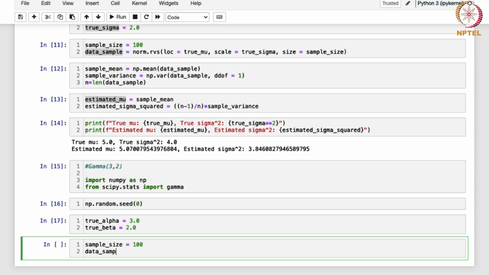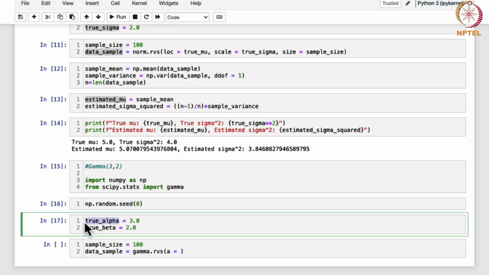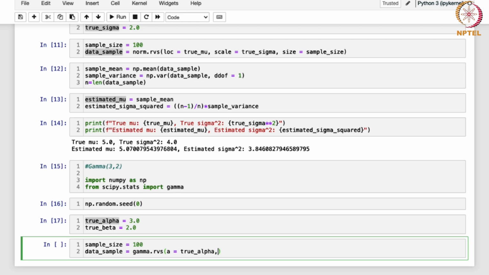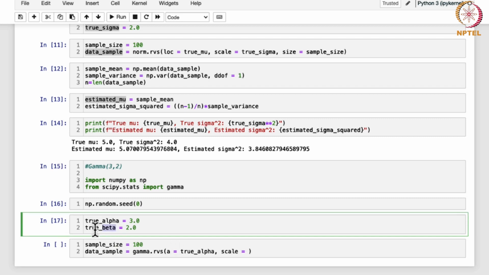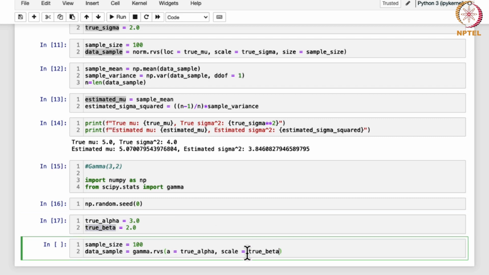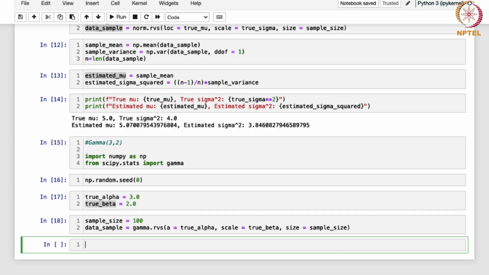Now for generating this sample we will use gamma.rvs. It will generate a random sample from this. So here a is your true alpha, and your scale is your true beta that you have defined over here, and size would be the sample_size.